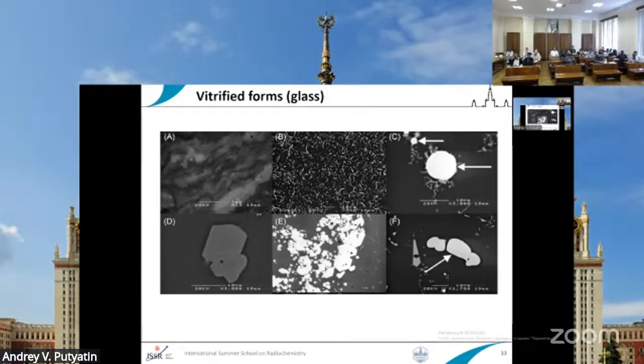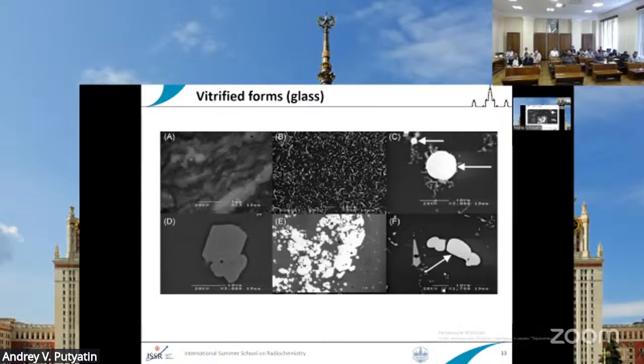Cracks actually are not a very big issue for the glass. There was an investigation of vitrified high-level radioactive waste that was stored for 2 or 3 decades, I don't remember exactly. The glass itself had cracks, but it was like a transparent glass.